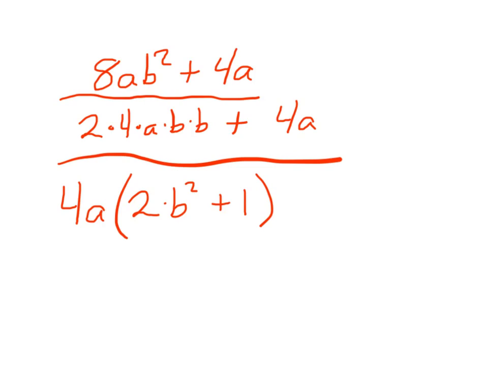So here are a couple of examples to try. Factor these out. Let's change the color a little. Okay, here we go. First question would be 2c squared plus 3c.